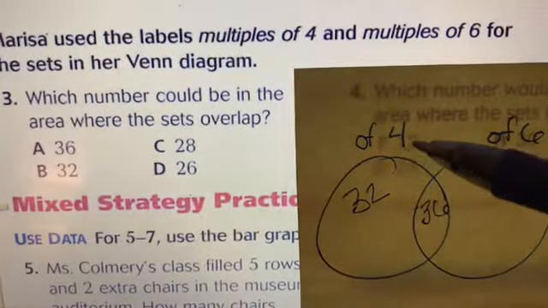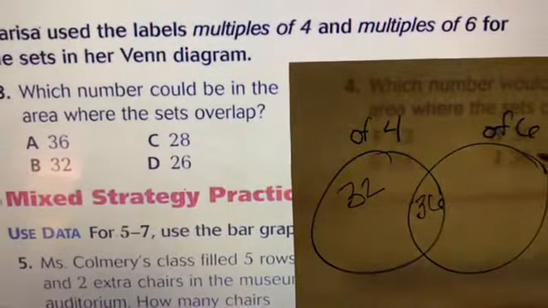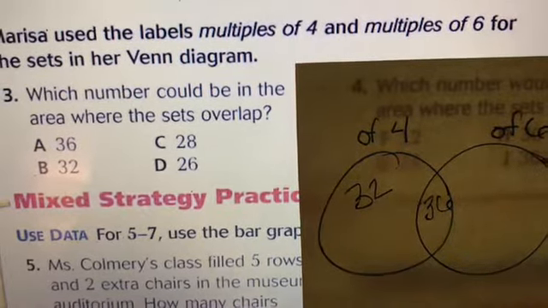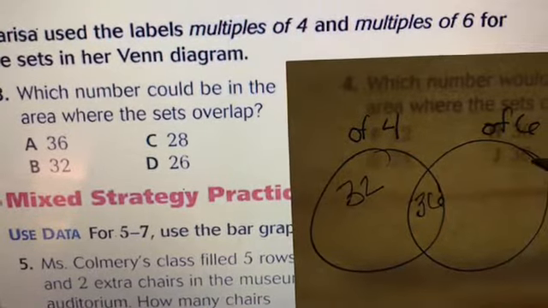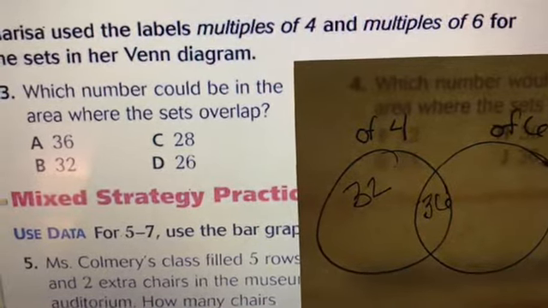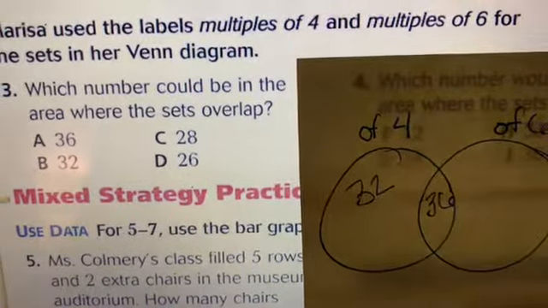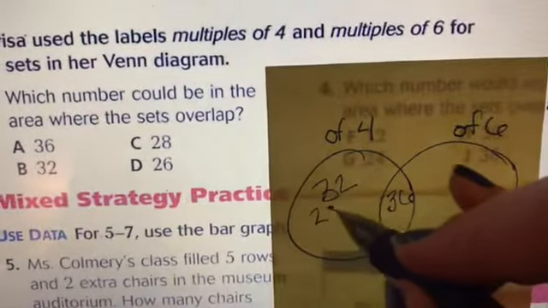And let's check 28. 4 times 7 is 28. But what about 6? 6 times 5 is 30, so that's too big. 6 times 4 is 24, so that's too small. So 28 is not a multiple of 6. It's only a multiple of 4. So I'm going to write 28.